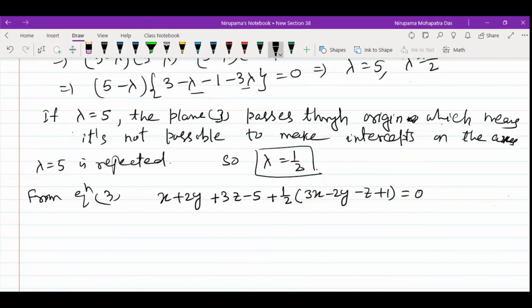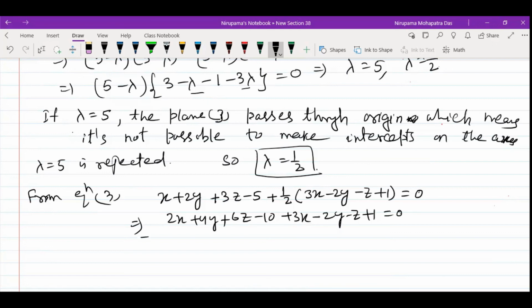Okay, and if we simplify, we can just straight put the value of lambda equal to half in equation 3, in fact. So we are getting what after putting this: 2x plus 4y plus 6z minus 10 plus 3x minus 2y minus z plus 1 equal to 0.